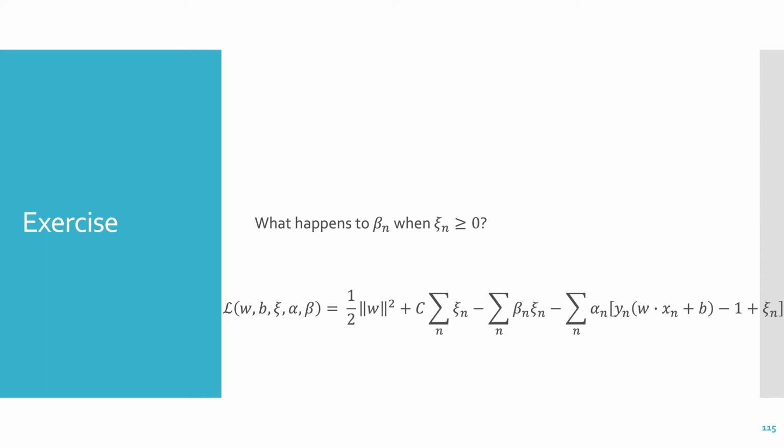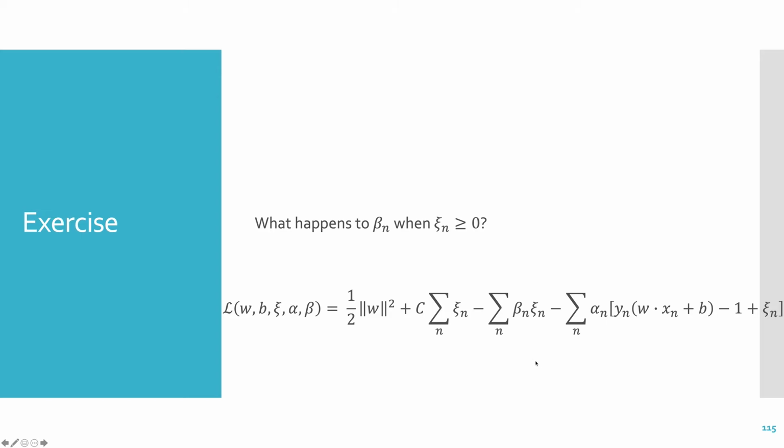Well, we're trying to maximize L with respect to beta, so maximizing L is the same as minimizing this term. So if we know that xi n is greater than or equal to 0, we want to make beta n as small as possible in order to make L as large as possible, because we have this negative here.